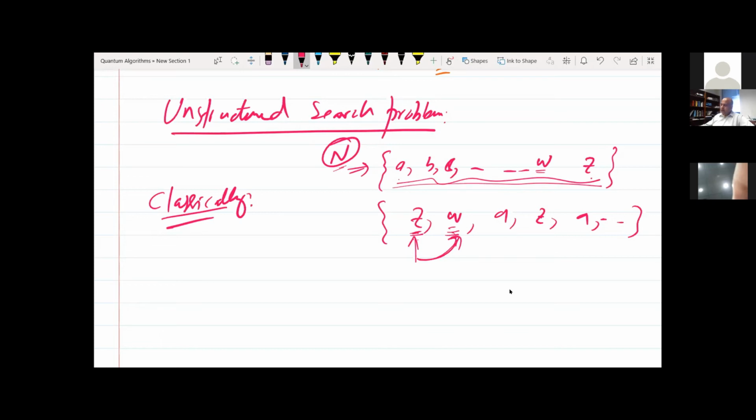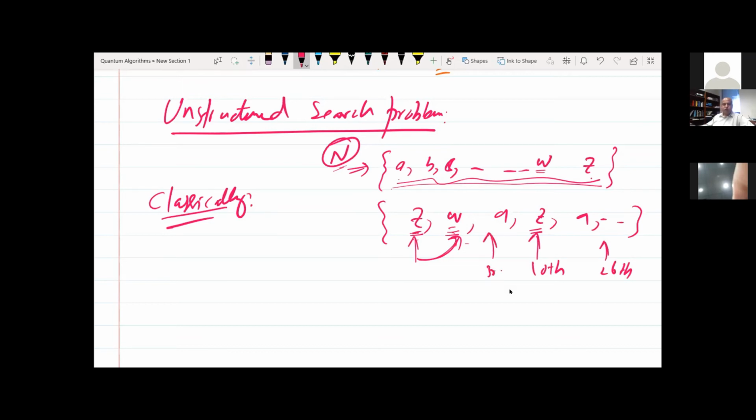And if you don't want to start from one side and go all the way to the other side, you can do slightly better. You say, okay, I will randomly access an element and then check it. Let's say you randomly pick the 10th element and you check if it is W. No. Then you randomly pick the 26th element. You check if it's W or not, it's no. So then you go and check randomly the 3rd element.